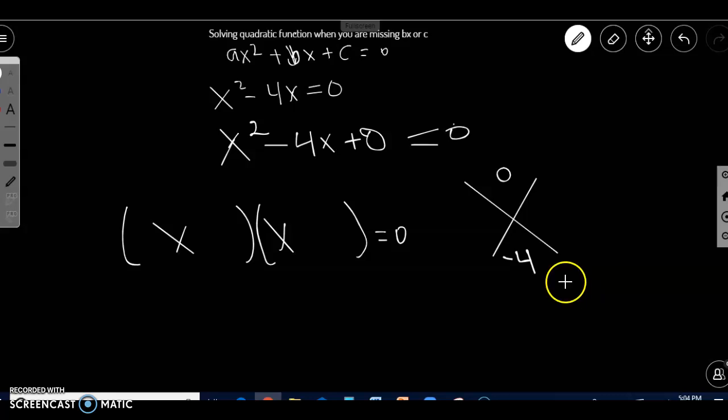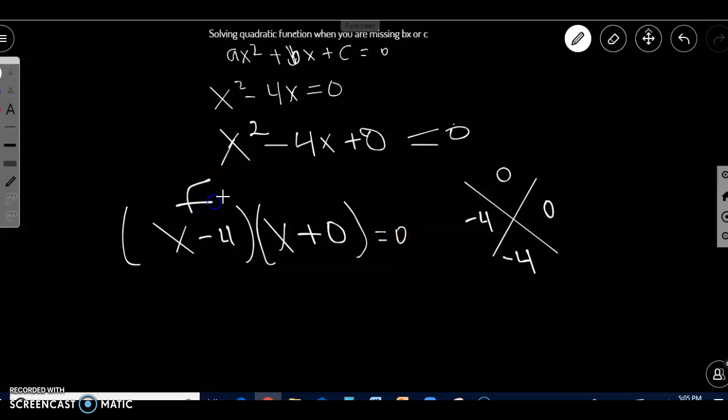Any number multiplied by 0 is 0, so we can say -4 and 0. When you multiply -4 by 0, you get 0, and when you add -4 plus 0, you get -4. So it satisfies the equation easily.